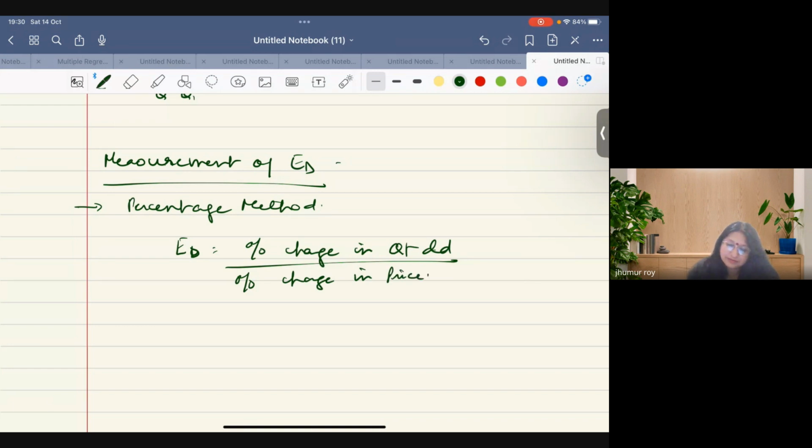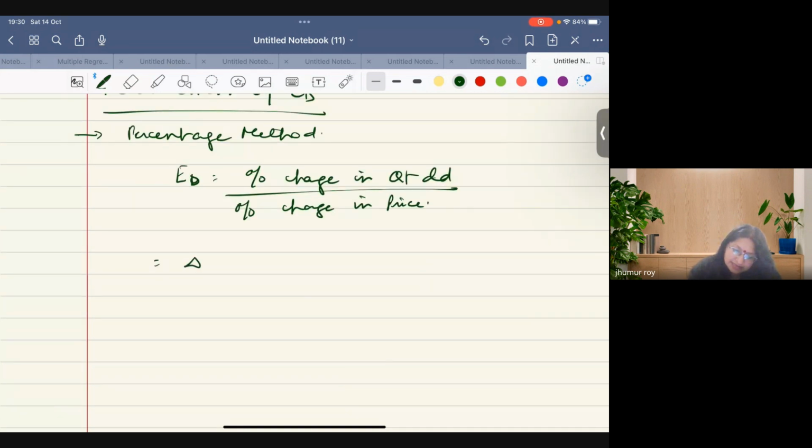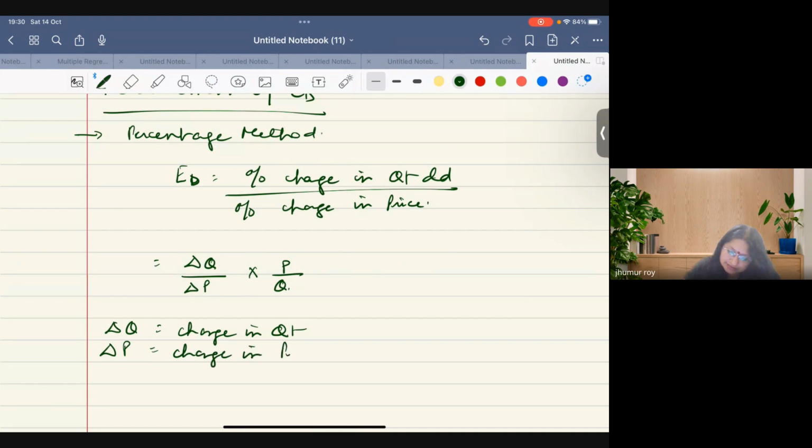If you want to write it in a better manner, you will write it as delta Q upon delta P multiplied by P upon Q. Here delta Q is the change in quantity, delta P is the change in price, P is your original price, and Q is your original quantity. So this is the first method that we use for estimating elasticity.